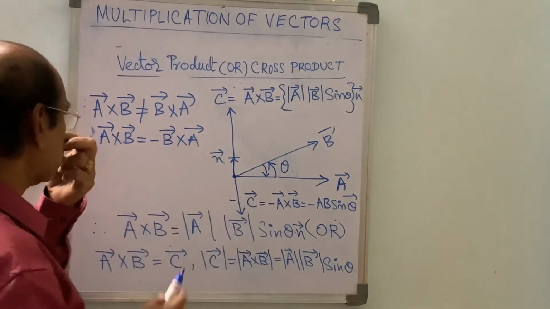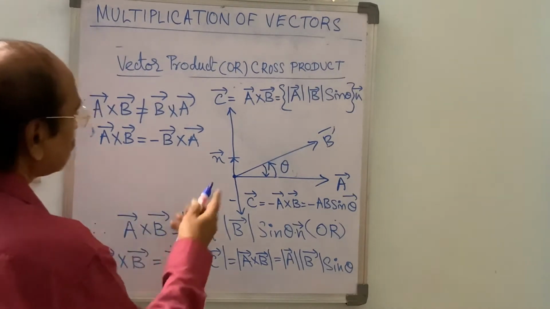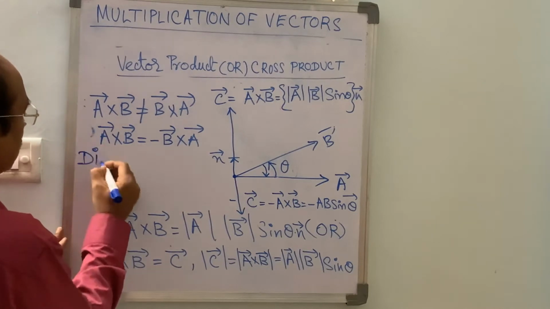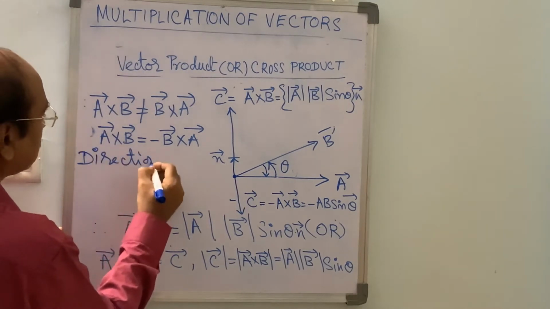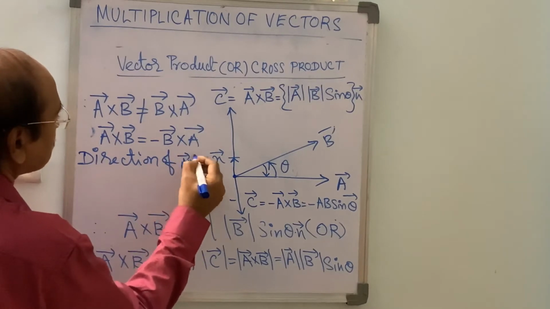So generally the direction of n bar is found by using the right hand screw rule. Direction of a bar cross b bar.